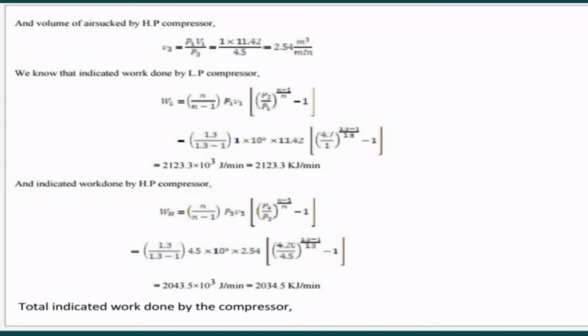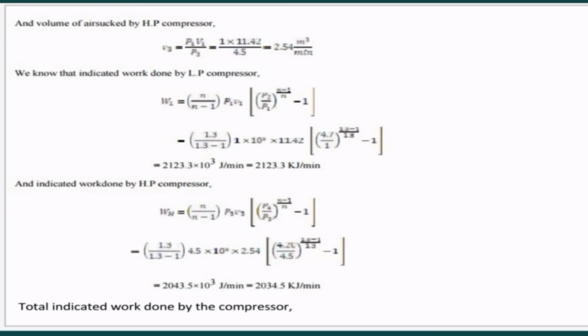Substitute the values: WH is equal to 1.3 over 1.3 minus 1 times 4.5 times 10 raised to 5 times 2.54 times the parenthesis of 4.20 over 4.5 raised to 1.3 minus 1 over 1.3, minus 1.